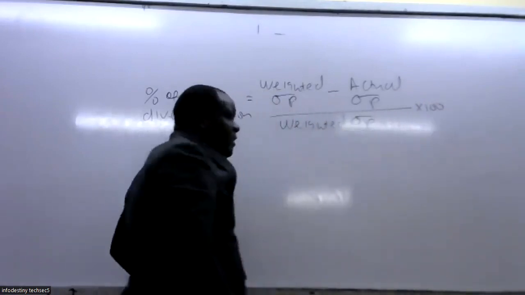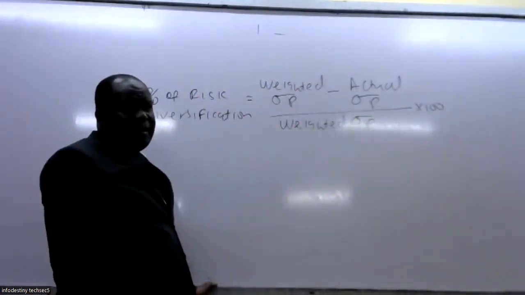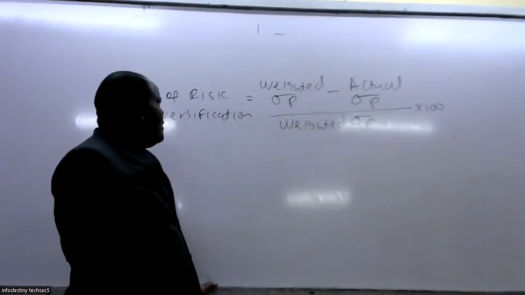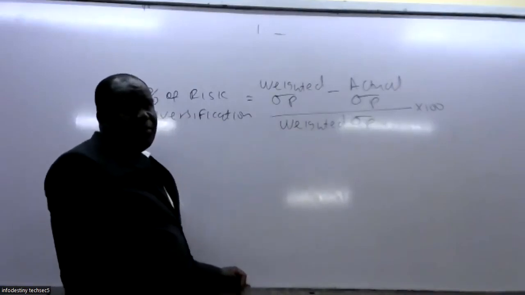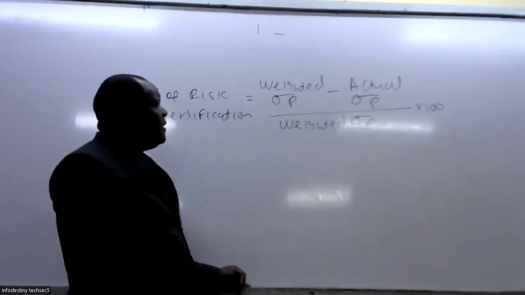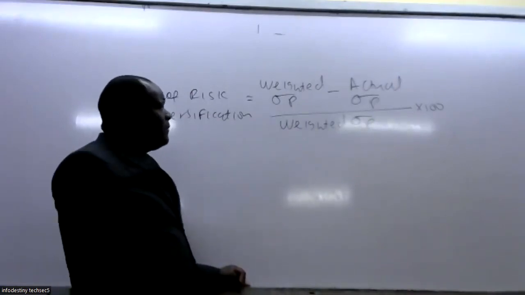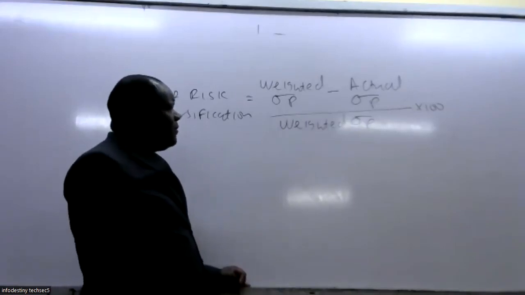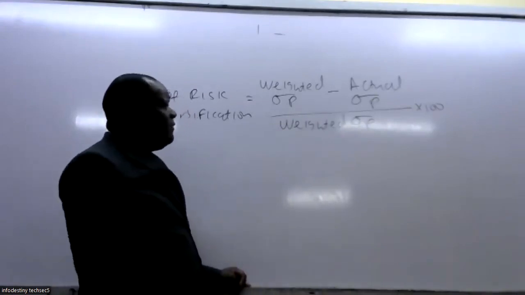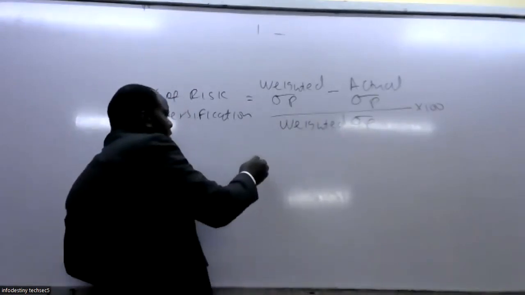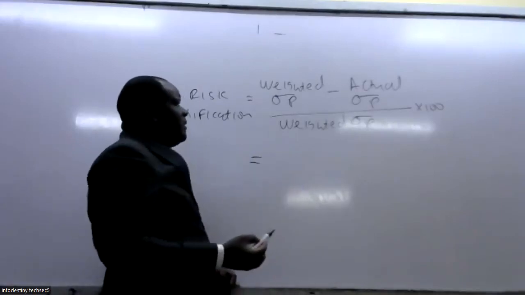Then we express it as a percentage. So when you want to get the percentage of the risk diversification, you simply take the weighted standard deviation of the portfolio minus actual standard deviation for the portfolio, divide by the weighted standard deviation for the portfolio, then express it as a percentage.